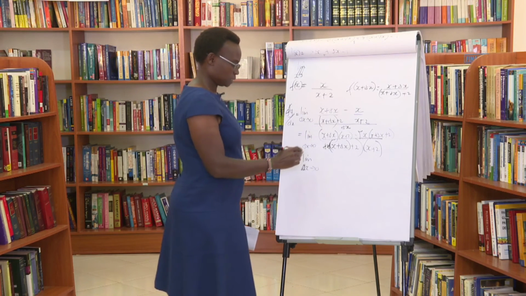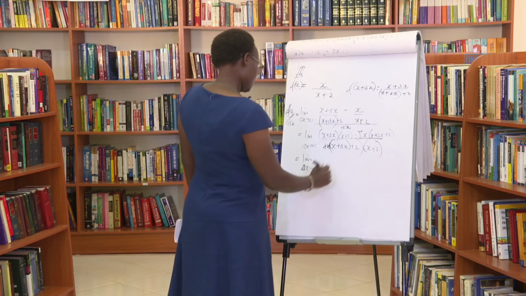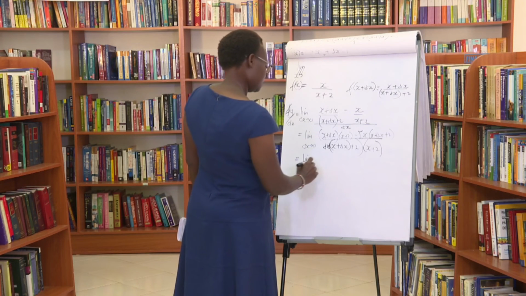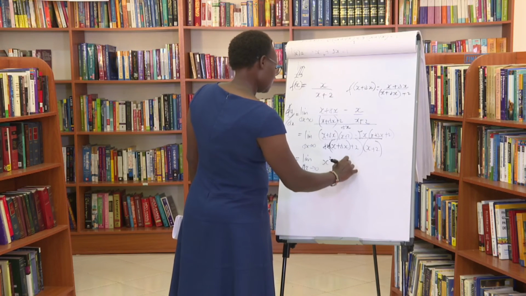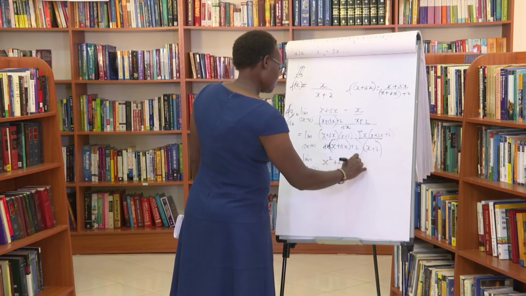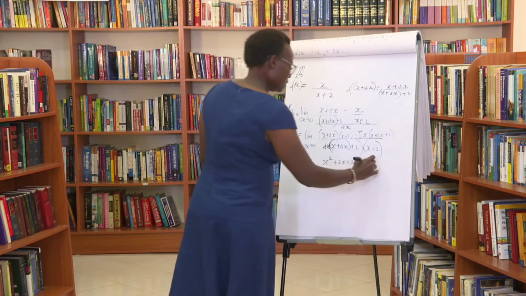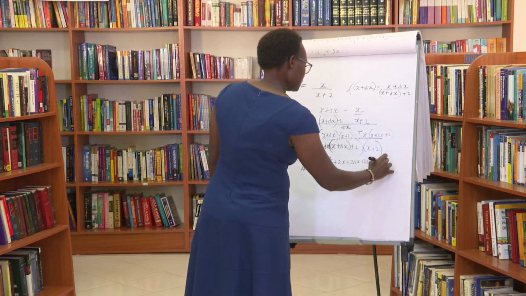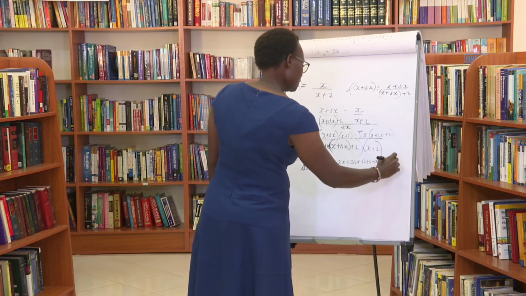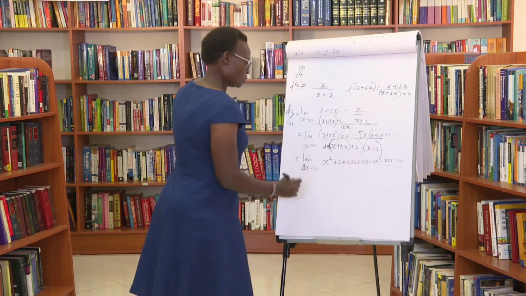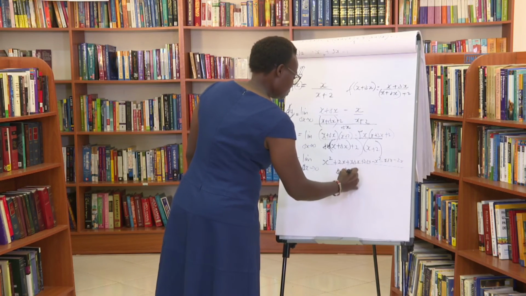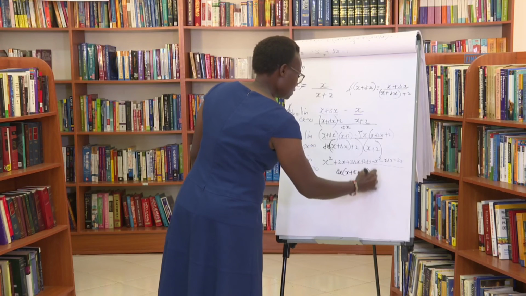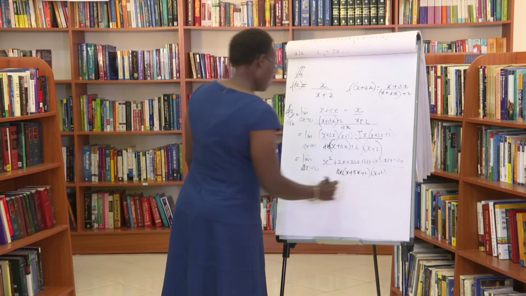So this will give us x squared plus 2x plus x change in x plus 2 change in x minus x squared minus x change in x minus 2x over change in x, x plus change in x plus 2, x plus 2.